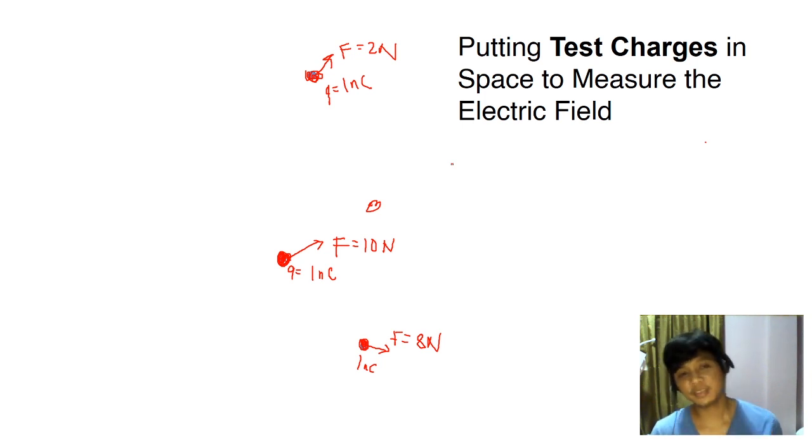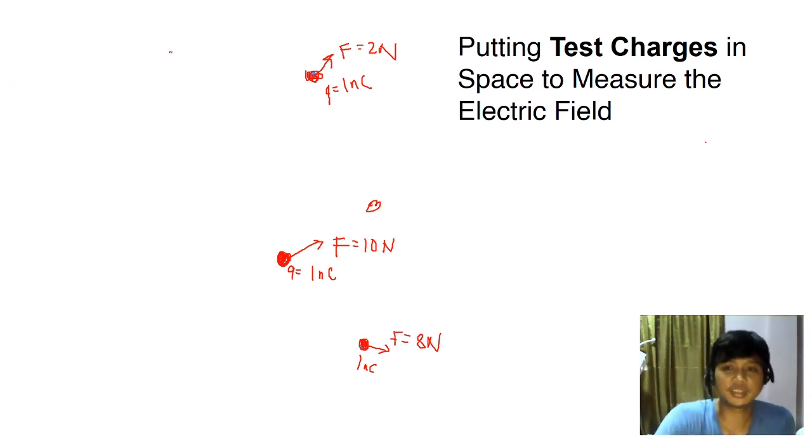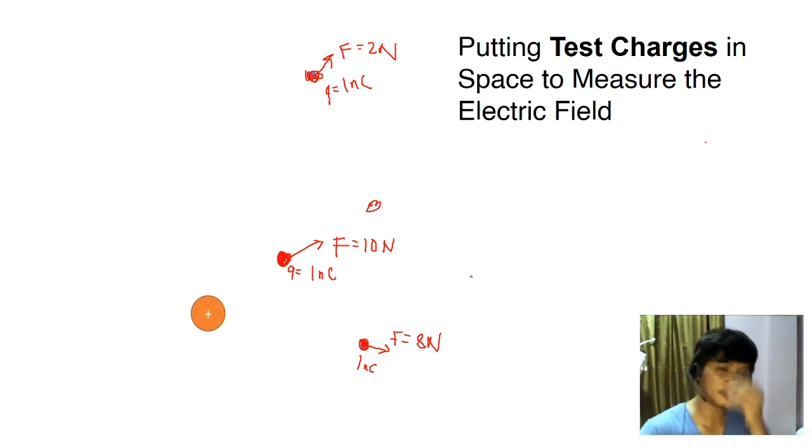So now, do you have an idea where that source of the electric field might be based on the arrows and the directions of the arrows? Well, somewhere here. We didn't know that it's there, but when we put test charges, we realized there must be some charge somewhere that's causing this electric field. And true enough, there it is.